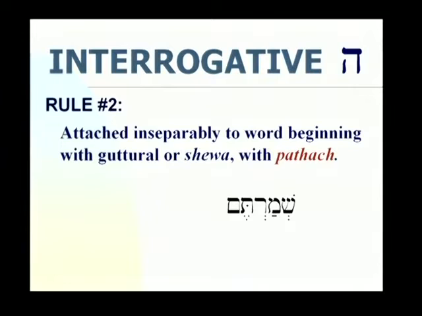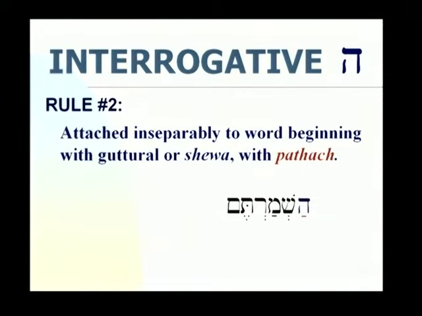If we want to say, will you keep, do you keep, did you keep, have you kept, we have hashmartem. Everyone? Hashmartem. It changes to a patach because you cannot have two schwas together at the beginning of a word.